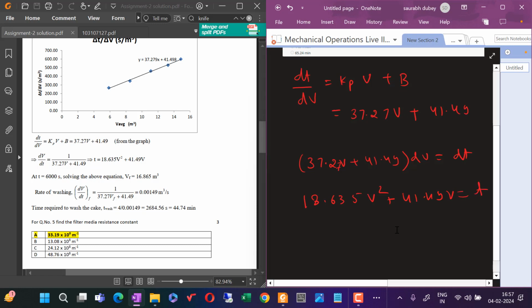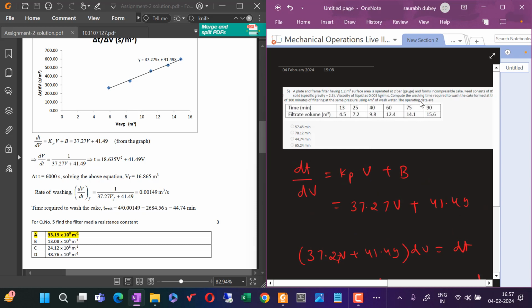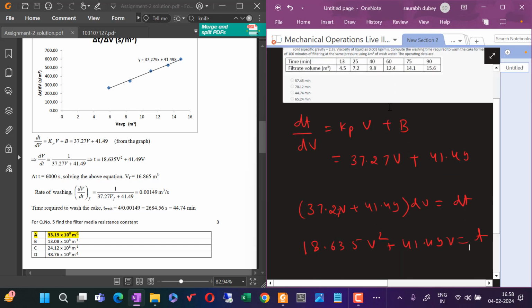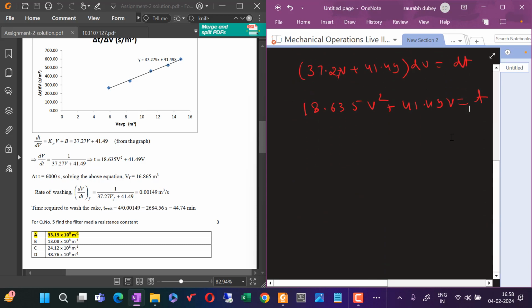From here it is given to compute the washing time required to wash the cake formed at 100 minutes, means 6000 seconds, of filtering at the same pressure using the 4 meter cube of wash water using operating line.